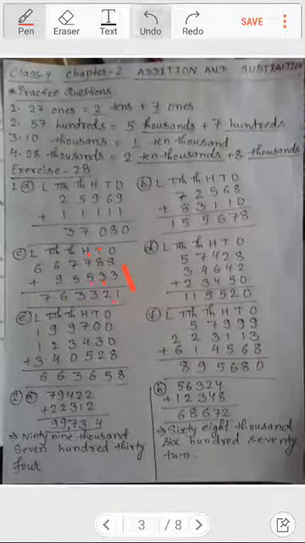Now if you see question number D, there are 3 numbers in the rows, so we will be adding 3 digits. 8 and 2 is 10 over there, and 1 is carried, 0 is written over here. 1 taken as carry, so 1 and 2 is 3, 3 and 4 is 7. 7 and 5 is 12, 2 is there, and again 1 carried over. 4 and 1 is 5, 5 and 6 is 11, 11 and 4 is 15, so 5 is written over here and 1 is carried. 7 and 1 is 8, 8 and 4 is 12, 12 and 3 is 15, 5 is there, and carry 1.